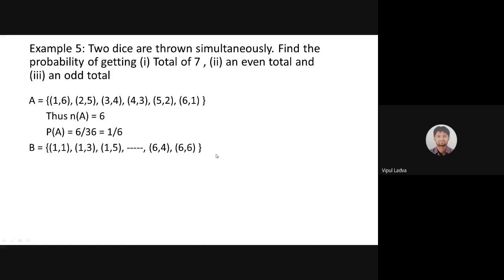I have not listed all 18 favorable cases for event B, just a glimpse. So the probability of event B will be 18 by 36, that is 1/2, 0.5.